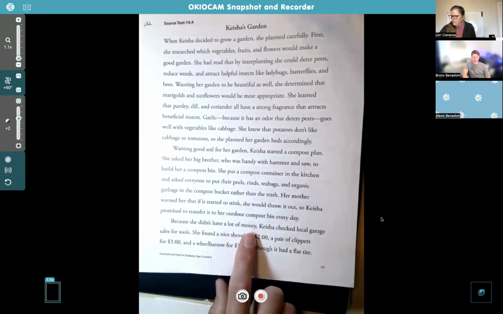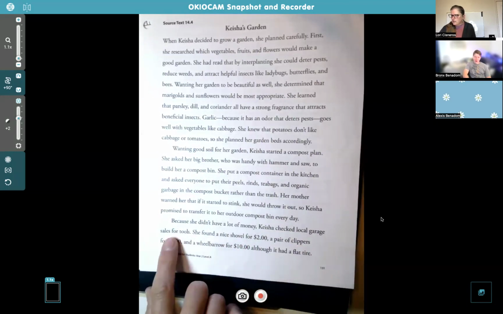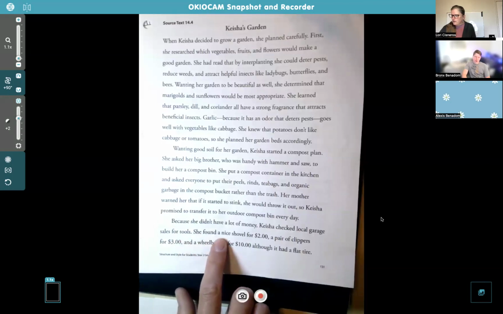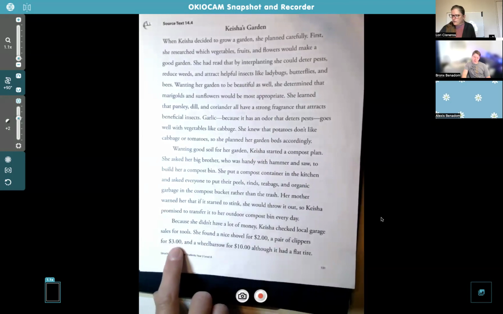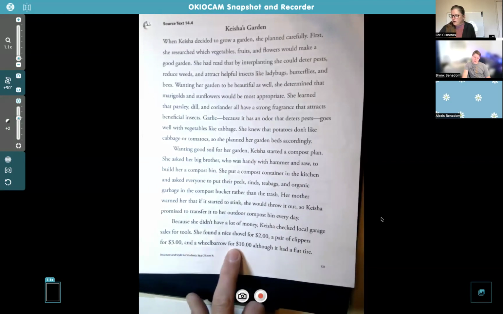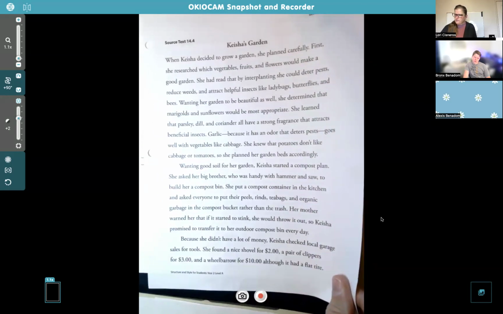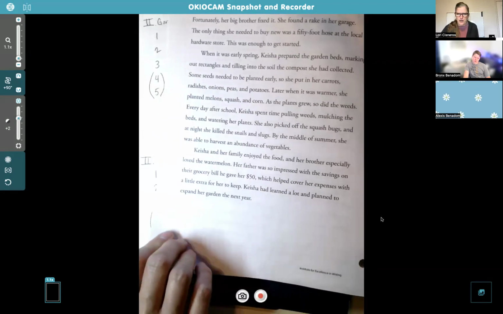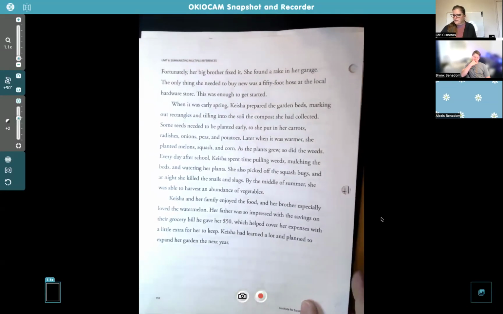Because she didn't have a lot of money, Keisha checked local garage sales for tools. She found a nice shovel for $2, a pair of clippers for $3, and a wheelbarrow for $10, although it had a flat tire. So you don't want to mention the flat tire, right? Because you're just looking for what tools you need.